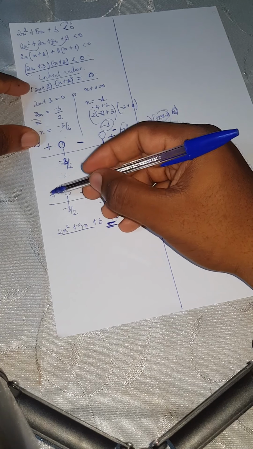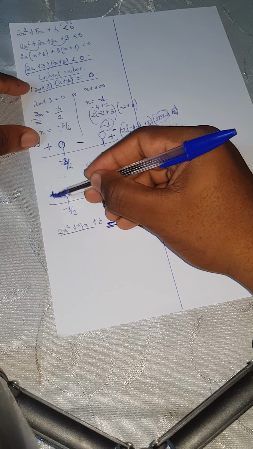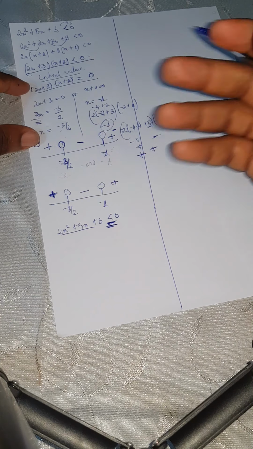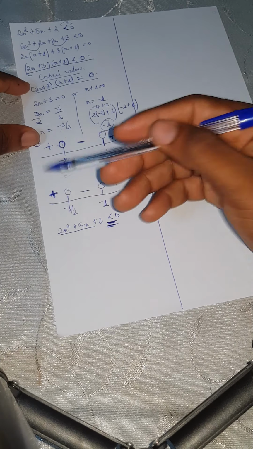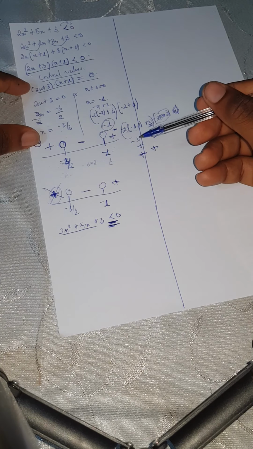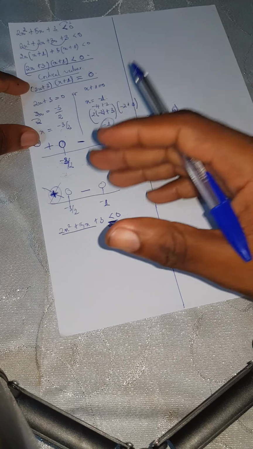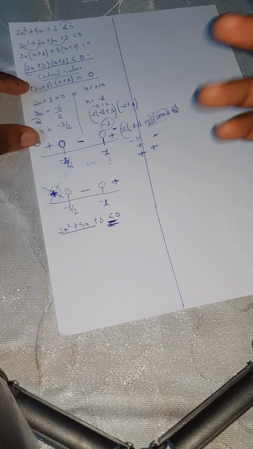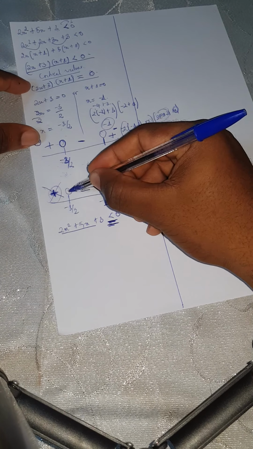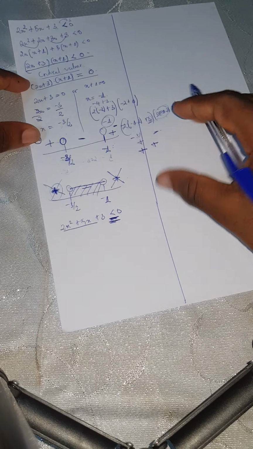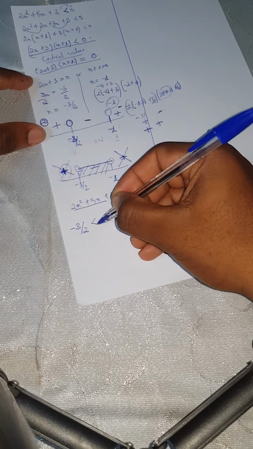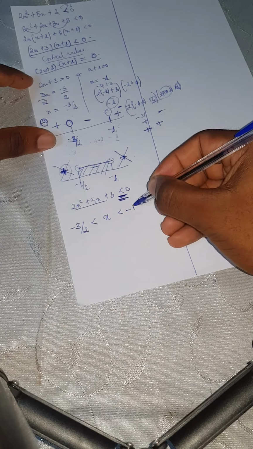Anywhere we see positive, is it greater than 0 or less than 0? A positive value is always greater than 0, so we exclude this side. The other positive value is also greater than 0, so we exclude the other side. So the sign which is going to be included is found between this and this. So the range of values is x: negative 3 over 2 is less than x, which is less than negative 1.